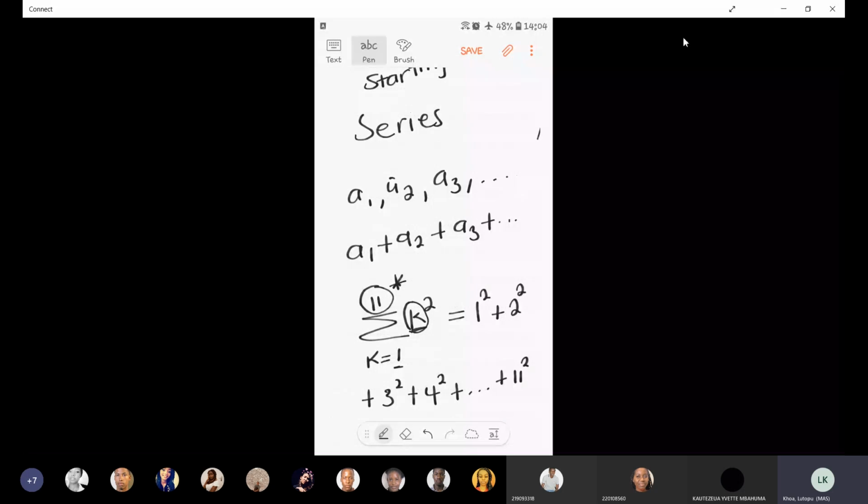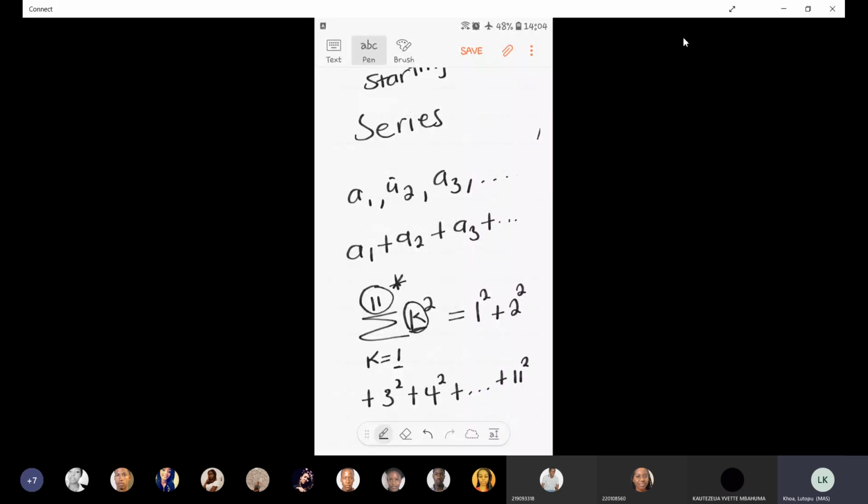Okay, so the k is the one that is changing. It starts at your starting point that is indicated over there, and you stop when you get to this value of k over there. So like I've done, you see what is happening to k? K is being squared.